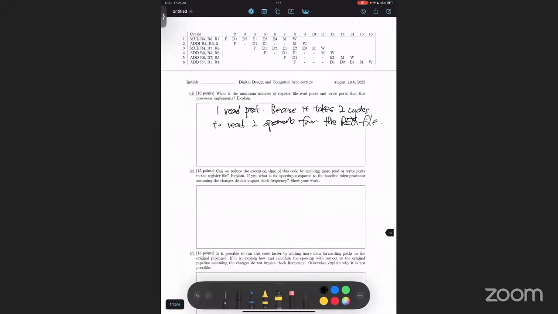And for the write port, it also has a minimum of 1 write port.